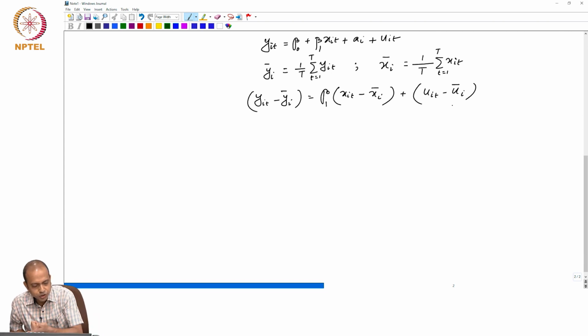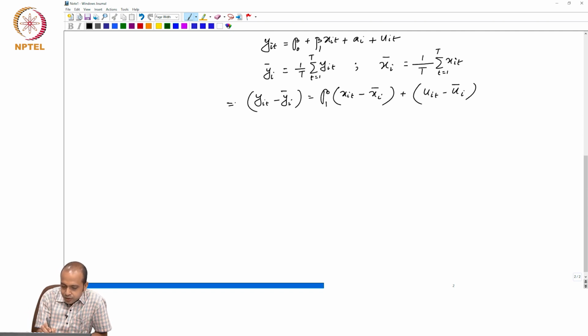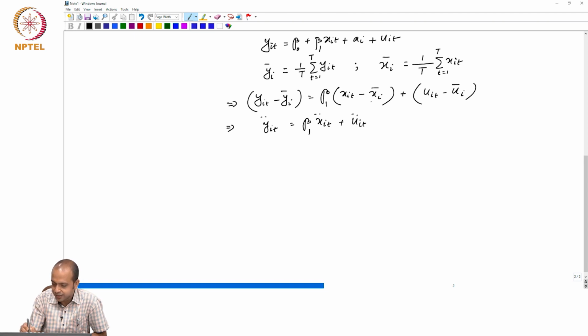So, when we are transforming the variables in this way, this constant term and this ai get eliminated. And then we get this model: yit dot equals beta 1 xit dot plus uit dot, where yit dot is defined as yit minus yi bar, xit dot is defined as xit minus xi bar, and uit dot is defined as uit minus ui bar.